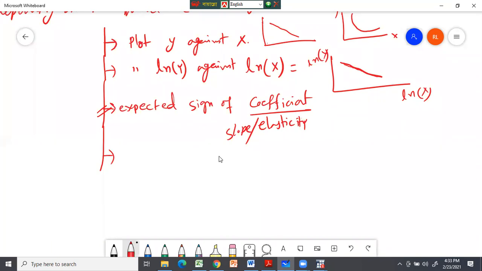Okay, after that, statistical significance. Statistical significance of your slope coefficients and elasticity coefficients.